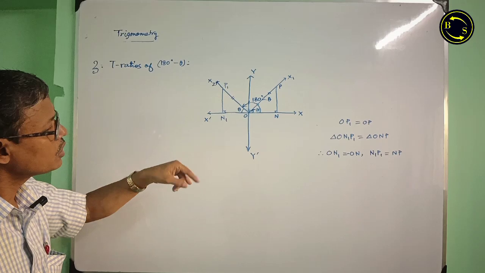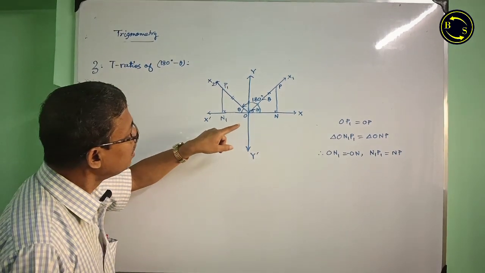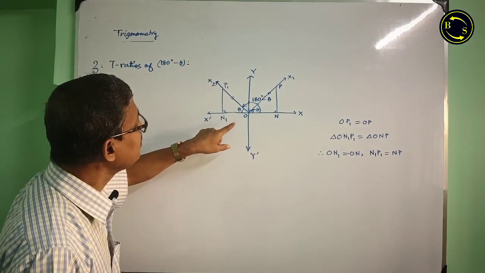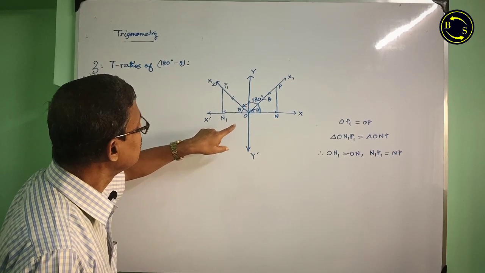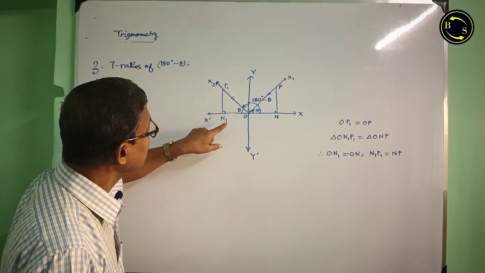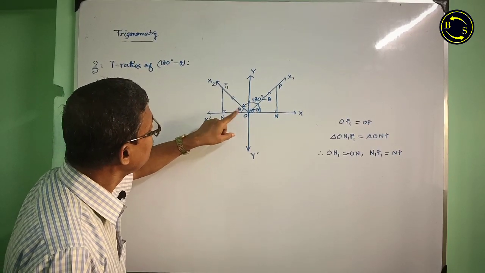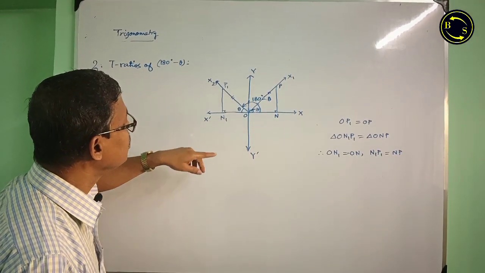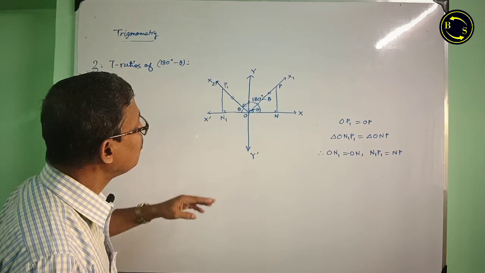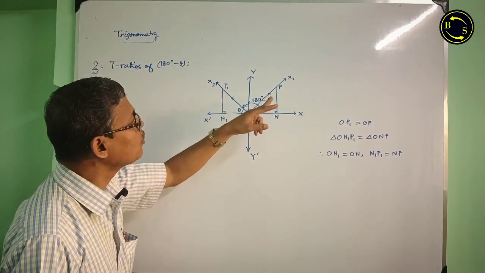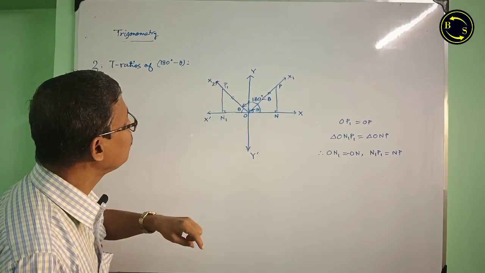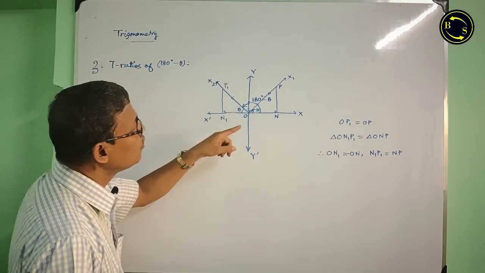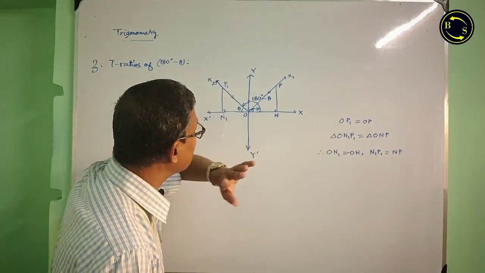Now, by calculation, we can find that angle N1OP1 is, by the description also, theta. Now we take a point P on OX1 and P1 on OX2, such that OP1 will be equal to OP.